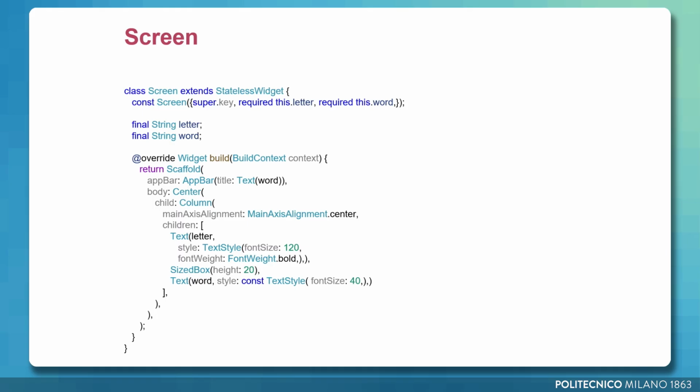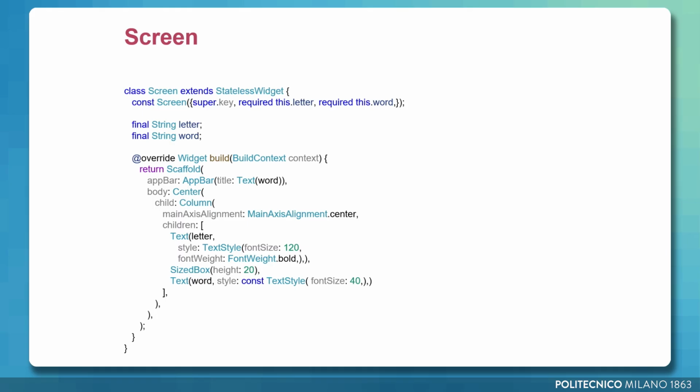Then we insert a separator, typically a SizedBox, to create some vertical spacing. Finally, we display the phonetic word using a smaller font size, for example, 40. The result is a clean and clear detail screen that emphasizes the selected letter and its corresponding word.